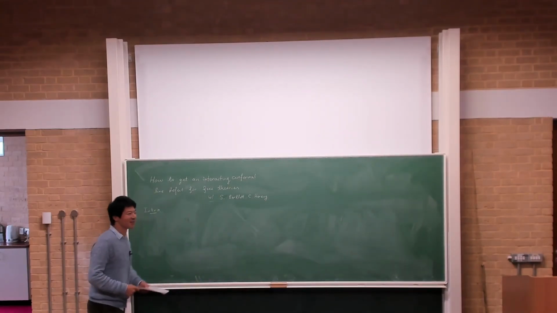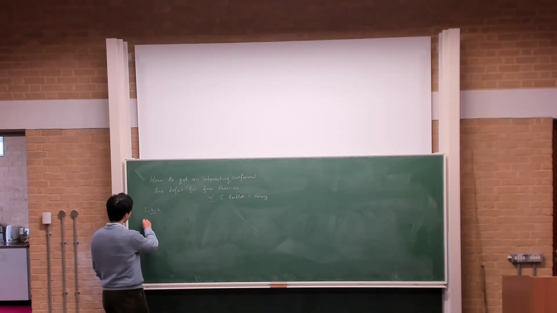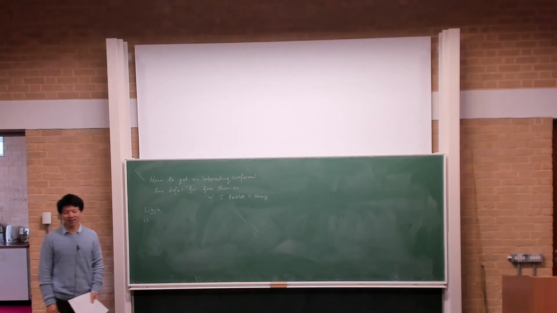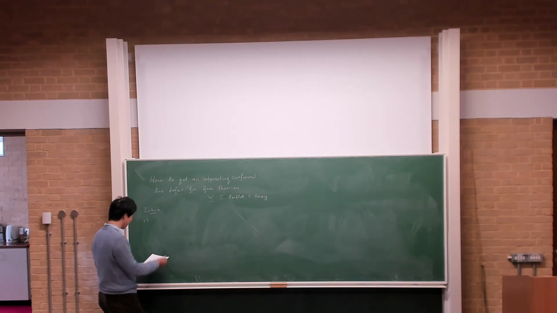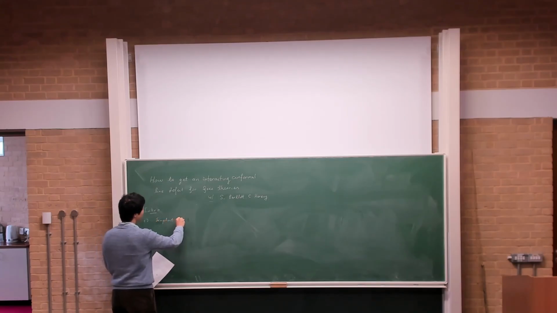Let me make some brief introduction on what we want to do in this work. So obviously, in my mind, line defects, when we talk about defects in quantum field theory, are the simplest defect.